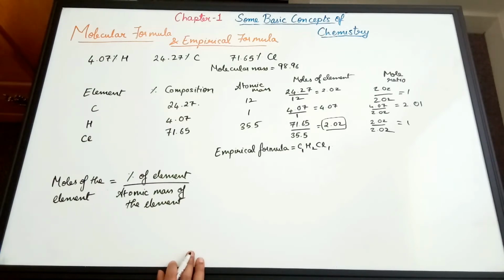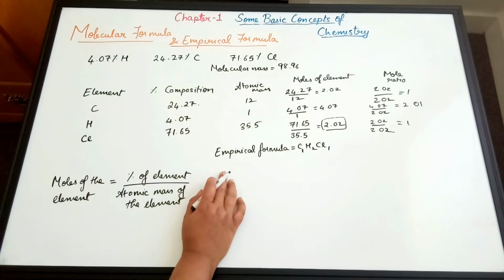That's why it was very clear: make the values obtained above the nearest whole number and multiply with a suitable integer to make the values whole. And this gives us the simplest whole number ratio. So here we've gotten the empirical formula.